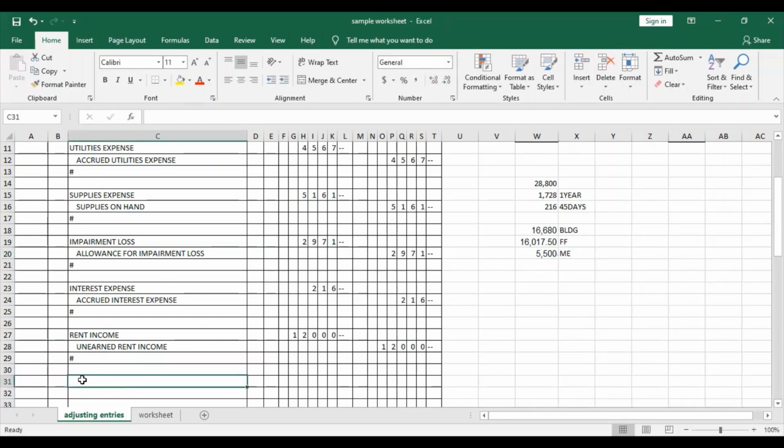So if you can still remember, every time that you prepare an adjusting entry for depreciation, ang entry iisa lang. It is always debit, depreciation expense, and then credit, accumulated depreciation. Now, with regards to depreciation, hindi mo kasi yan pwedeng pagsamasamahin. So, kailangan nakahiwalay siya.